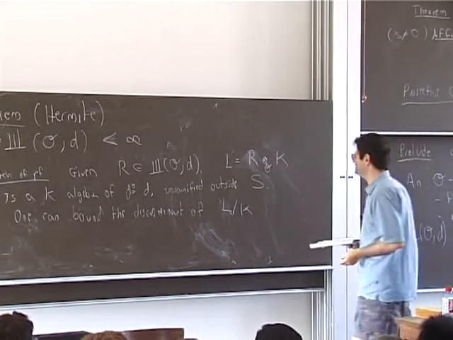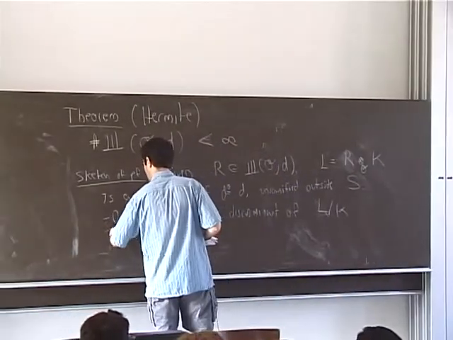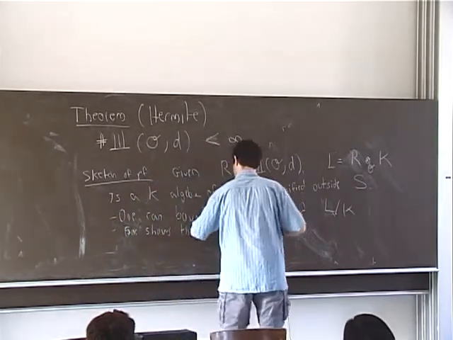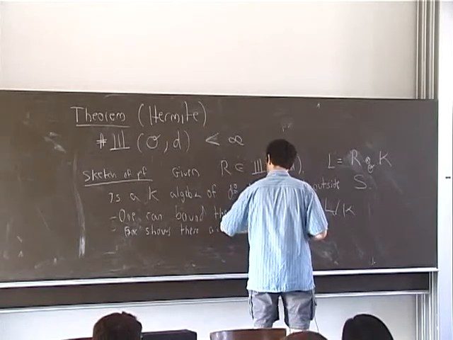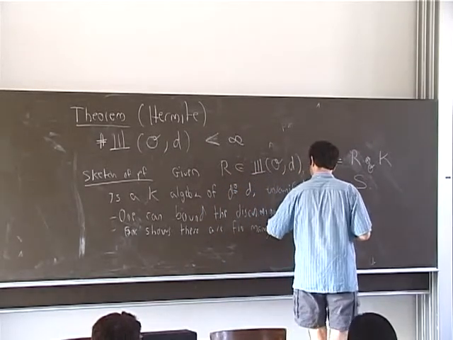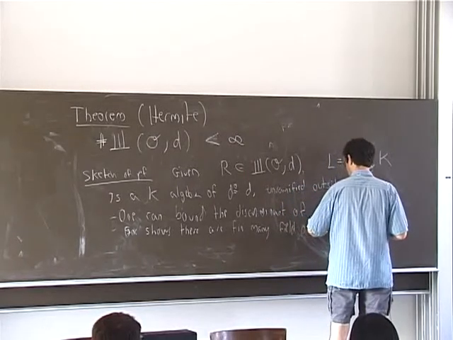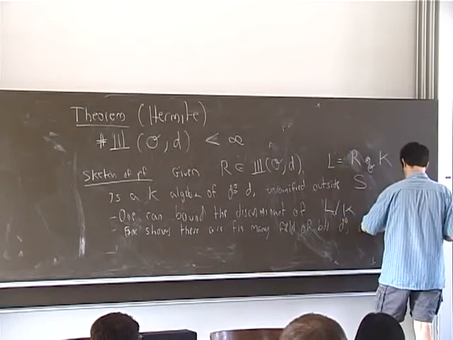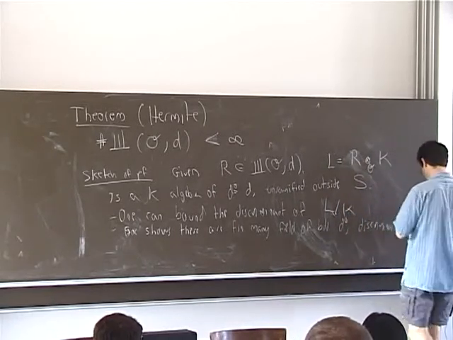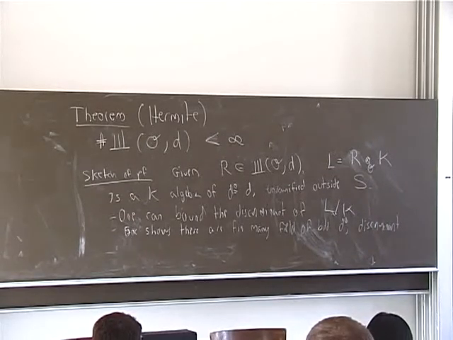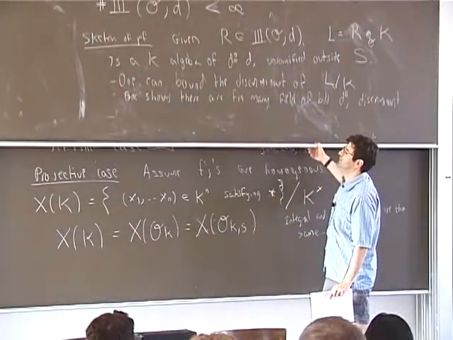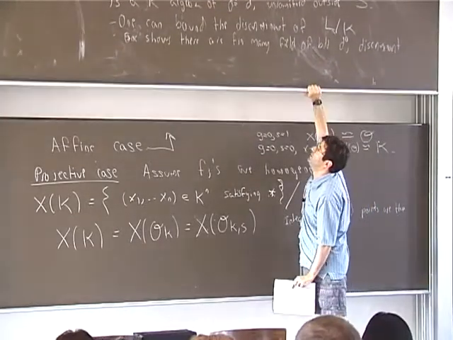And then one shows there are finitely many fields of bounded degree and discriminant. And that finiteness result is going to be very useful to us in tomorrow's lecture, actually.